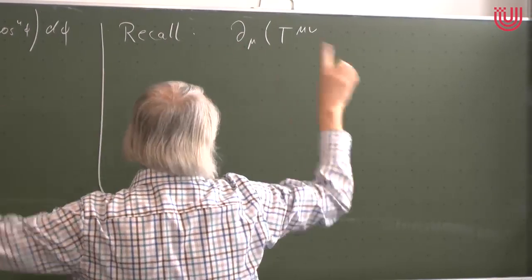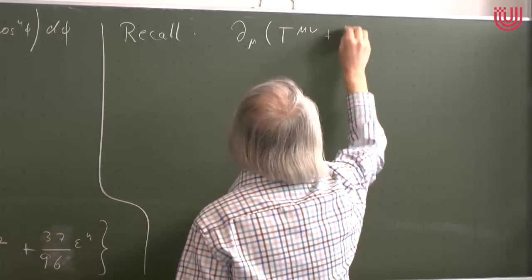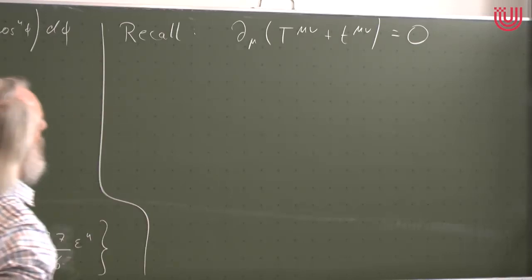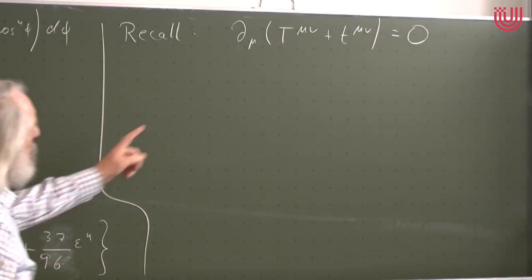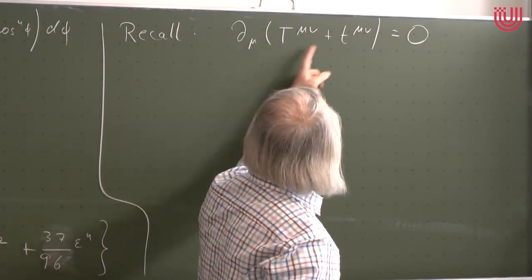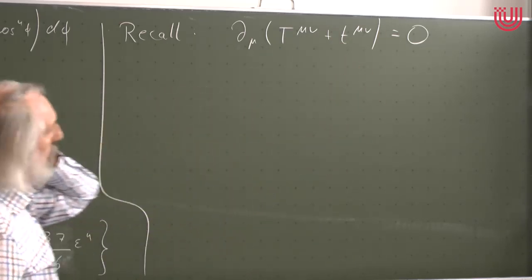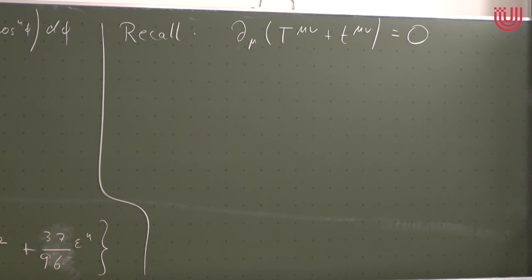So it's really a true conservation law which can be integrated over. This is 0. So the whole thing together, the matter energy momentum tensor plus a pseudo tensor which comes from the gravitational field, the two things together give something which is conserved, give an energy which is conserved.